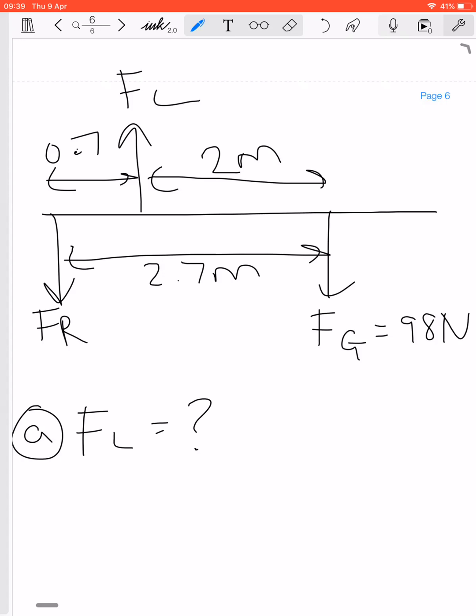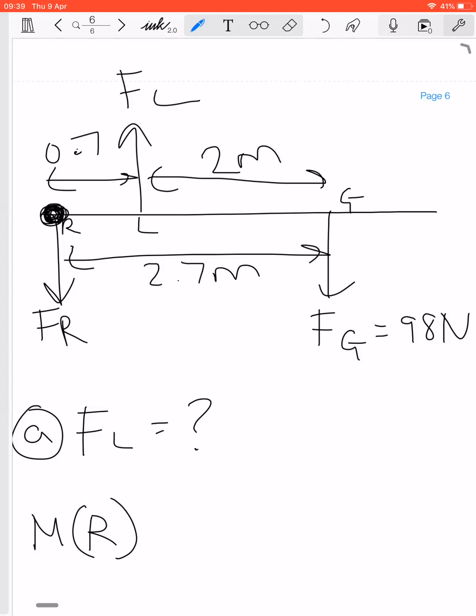So we really want to get rid of one of these unknowns. We're looking for FL, so we need to find a way of getting rid of FR. We know that anything you multiply by 0 will disappear. So let's, to start off with, take our moments about the point at FR, about point R. So I'm going to write here moments about R, okay, because that's point R. So this is R, this is L, and this is G.